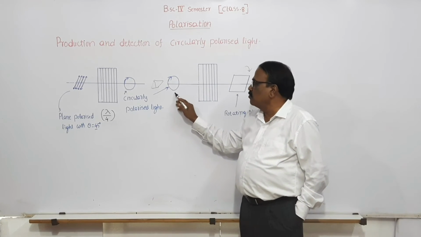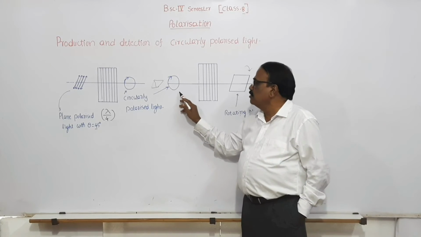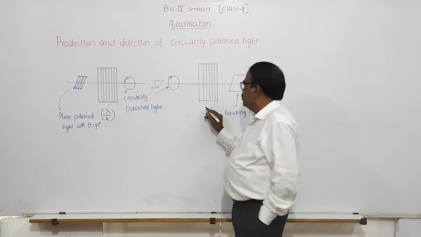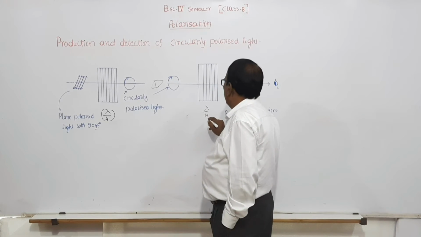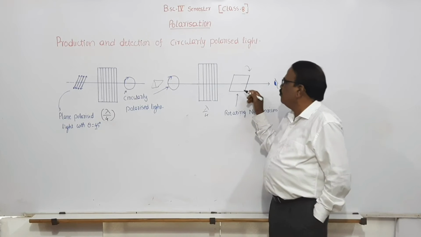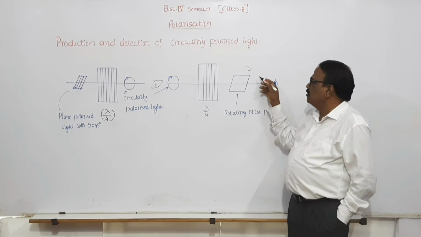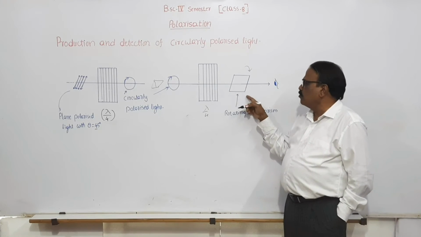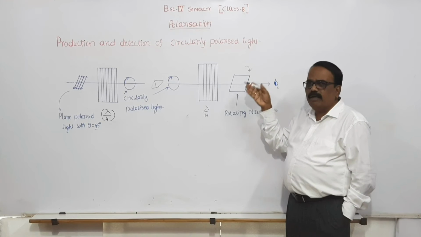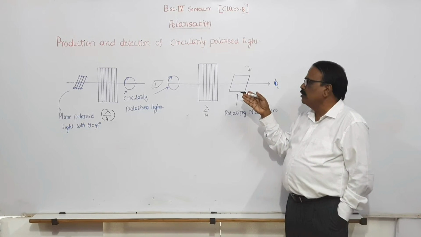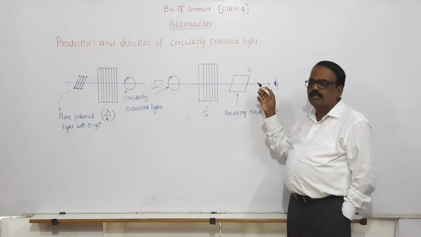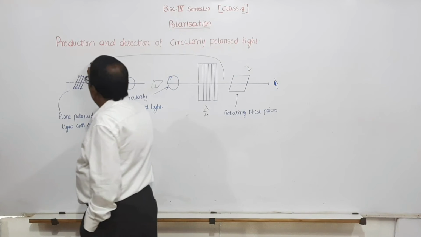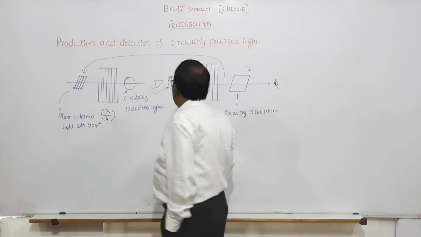But if this circularly polarized light is allowed to fall on another quarter wave plate, then if you go on observing the intensity of the light emerging from the other quarter wave plate, the intensity is maximum at one position and minimum, 0, at another position. That means it regains the original plane polarized light.